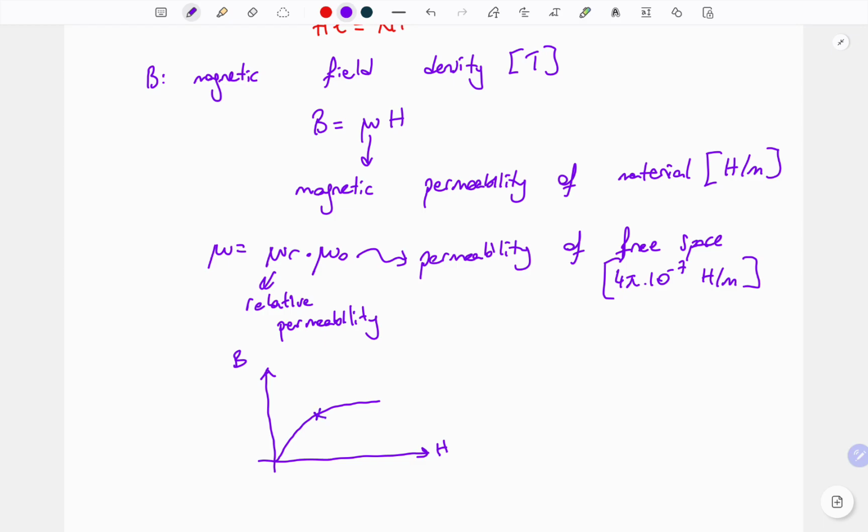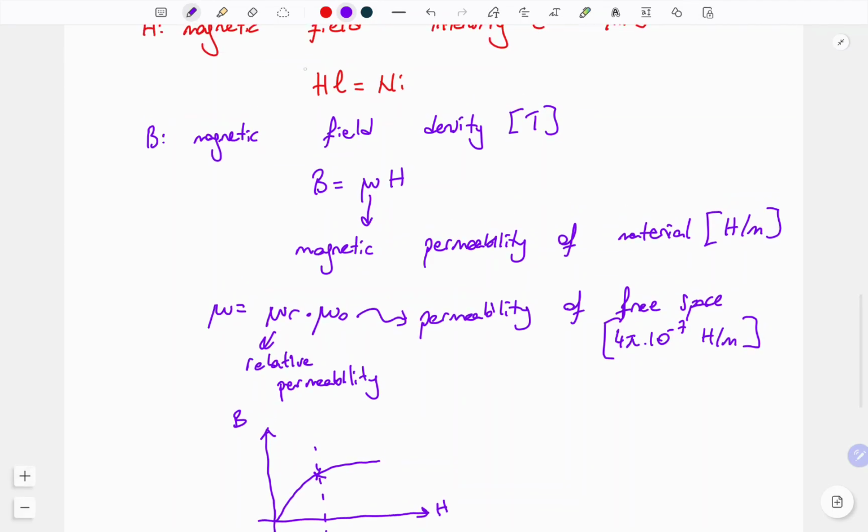According to the knee of the curve, we have a linear region on the left side, and during this linear part, the variation between B and H is constant. But after that, you can increase the H. How? If we turn back to the first equation, you can increase the H by increasing I, the current.